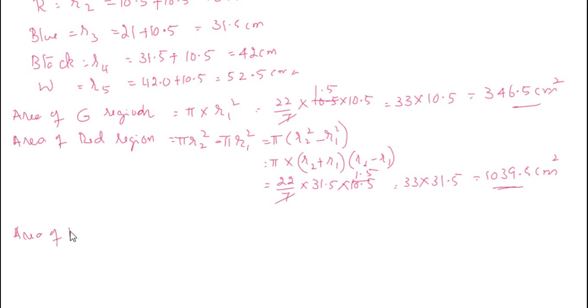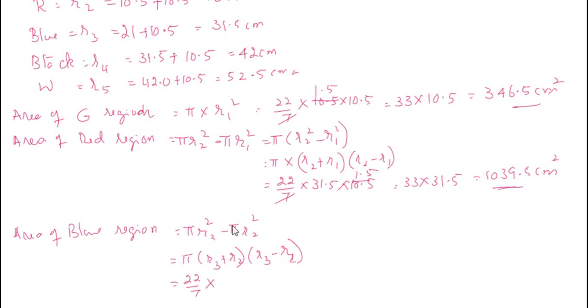Area of blue region, that is pi r3 square minus pi r2 square. So if you take pi out, pi into r3 square minus r2 square can be written as r3 plus r2 into r3 minus r2. Pi is 22 divided by 7.